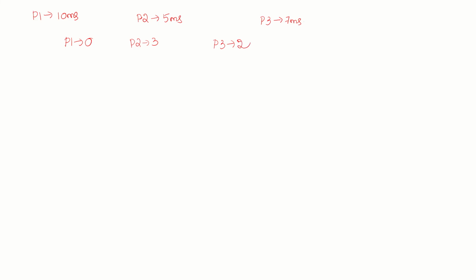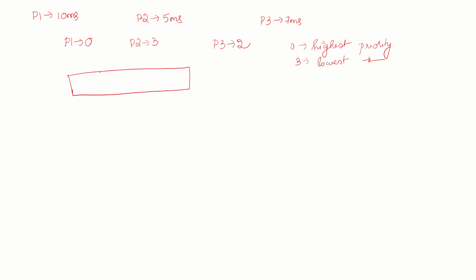Okay, I have written that. Now 0 is the highest priority, whereas 3 is for lowest priority. Okay. Now same way, draw the rectangular box.